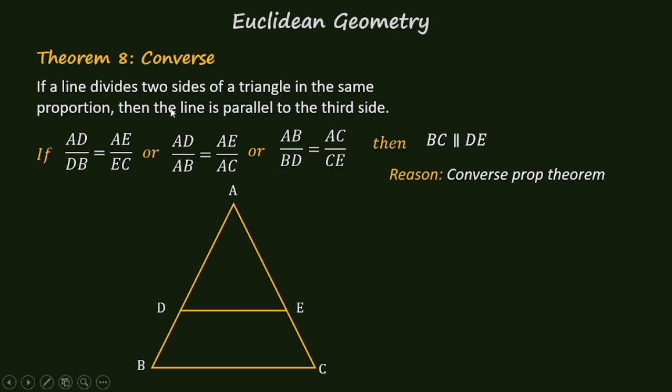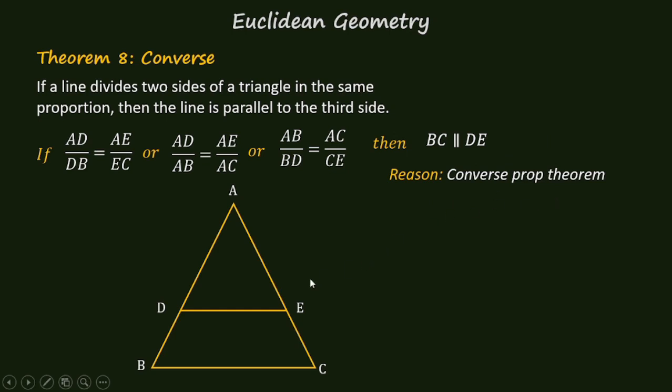What the theorem says is, if we are able to write the ratio of the side AB, and we find that that ratio equals its corresponding ratio with the side AC, then we can conclude that the side DE is parallel to BC. That is the most important part. And this will be the reason that we use for that, the converse of the proportion theorem.